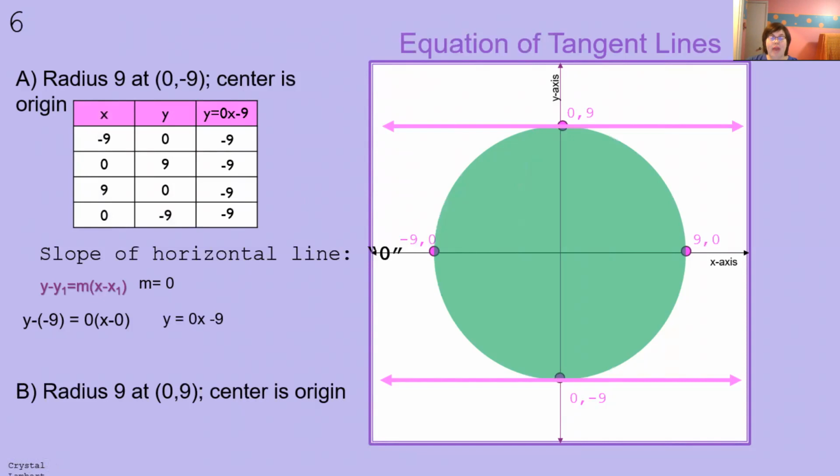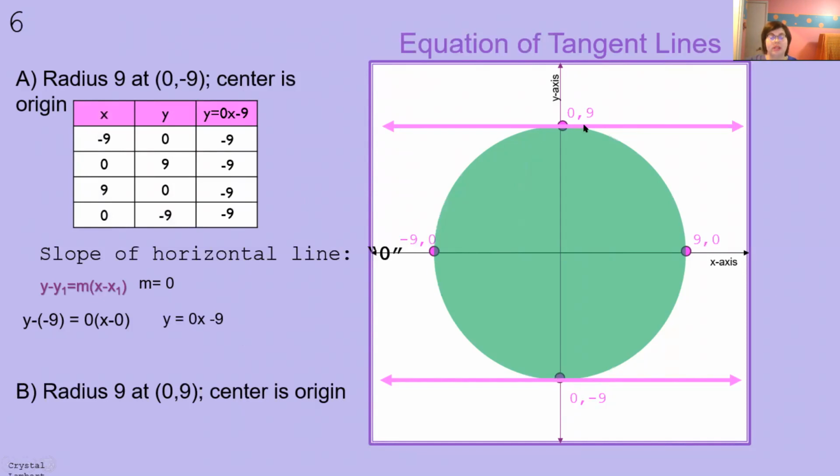Now, when we look at this graph, what is the first thing that is eye-popping? What do I notice? Both lines run parallel, right? So whenever you're looking at two tangent lines of the same circle that are on a particular axis, I think I just misworded, but when we look at it here, when it's 0, -9 and 0, +9, they're going to be parallel.